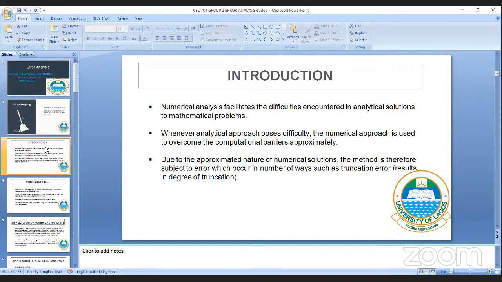Okay, a brief introduction. What is numerical analysis? It facilitates difficulties encountered in analytical solutions to mathematical problems. You might be asking, why do we do numerical analysis? We engage in numerical analysis to solve complex mathematical problems, problems in physics, chemistry, in all areas and subjects of life.